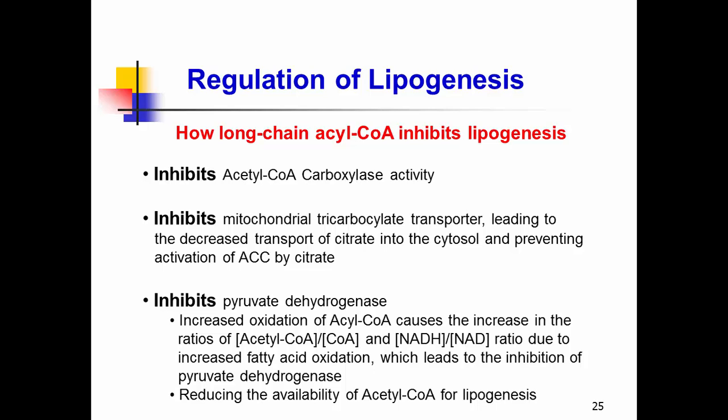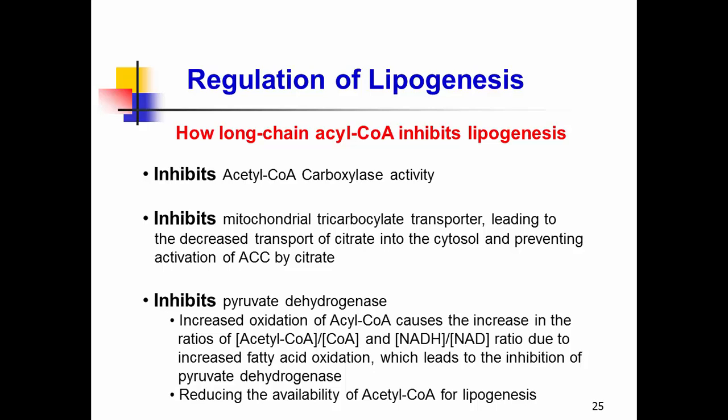Okay. And lastly, long-chain acyl-CoA can also inhibit pyruvate dehydrogenase. Pyruvate dehydrogenase is the important enzyme that catalyzes the oxidation of pyruvate to acetyl-CoA, right? So if this enzyme is decreased, what happens to the substrate of fatty acid synthesis? Acetyl-CoA levels will be decreased, right?